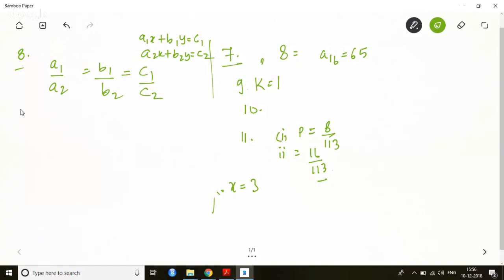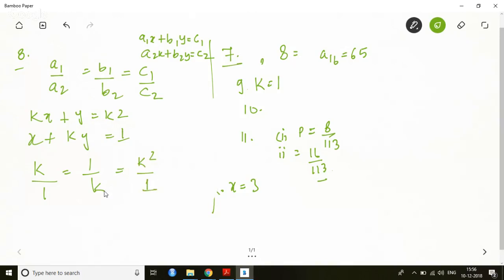So I have kx plus y is equal to k square, and I have x plus ky is equal to 1. So k by 1 is equal to 1 by k, and that is equal to k square divided by 1. So if you take these two equations also, k square comes out to be 1.